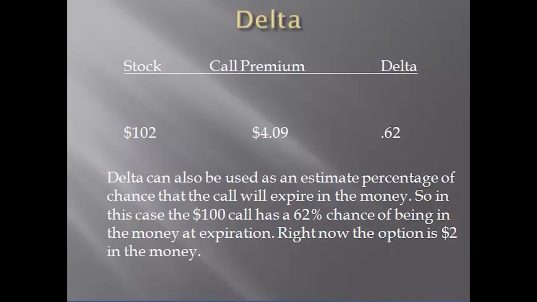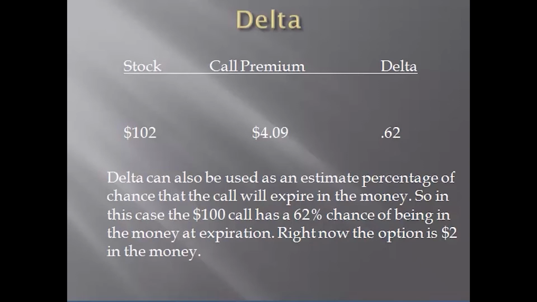In this case, we have the $100 call option. What is the probability of that option trading in the money at expiration? And at this point right now, it's right around 62%. And that just so coincides with the delta of 0.62.